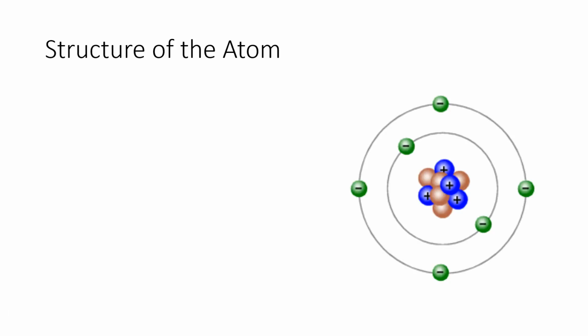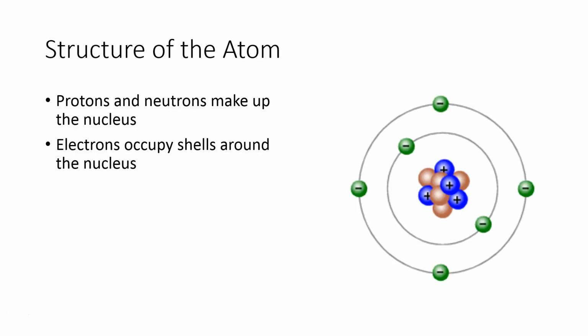Have a look at the diagram on the right-hand side of your screen. This is a diagram of the 3 subatomic particles that make up the atom as a whole. Notice that the protons and the neutrons are lumped together in the center to make up the nucleus. And the electrons are occupying shells around that nucleus.